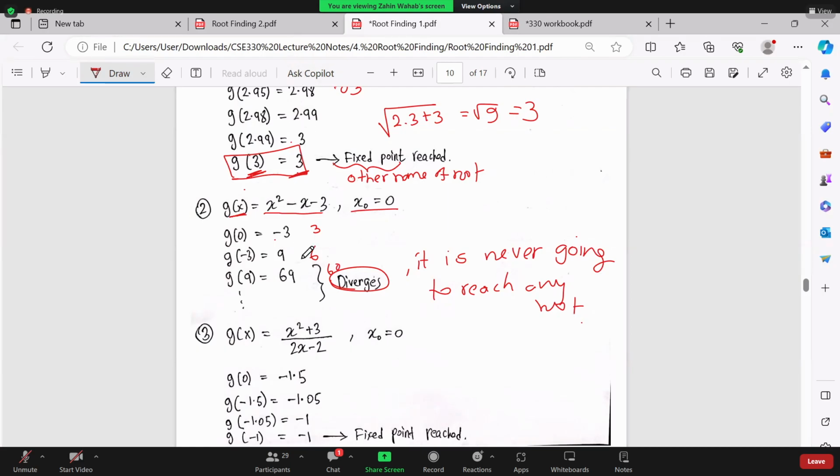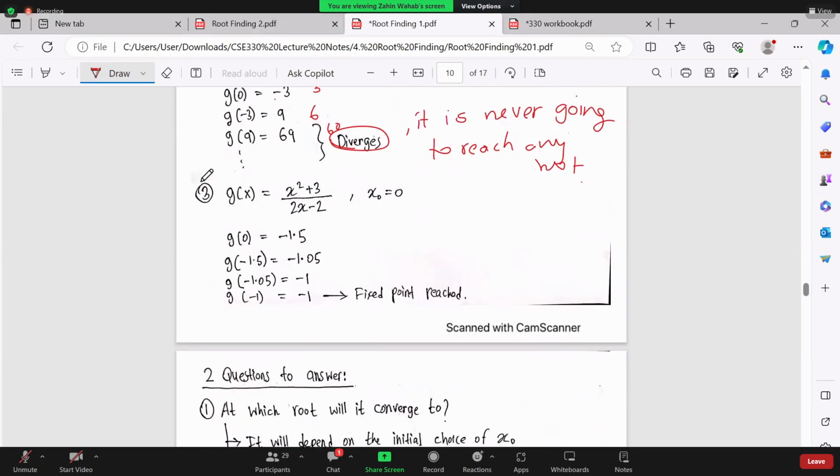Let's move on with another example, another form. This is our form, and we'll see how it goes. So we start with 0. You place 0 in g. So what happens is you get minus 1.5, and you place minus 1.5, you get minus 1.05. Place minus 1.05, you get minus 1.